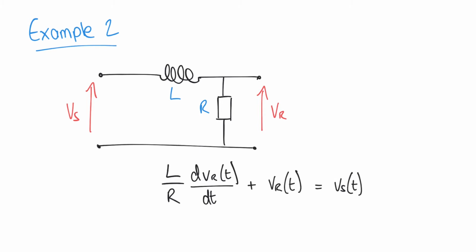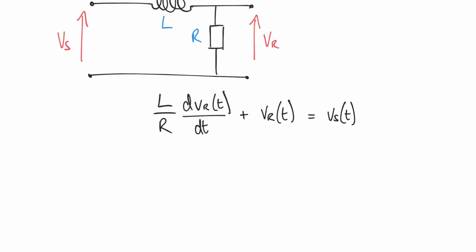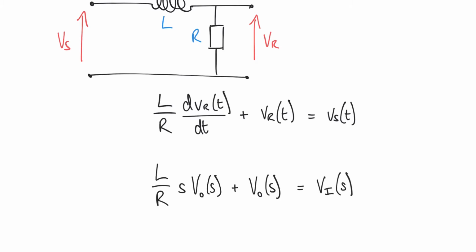Let's apply the same principle to find the Laplace transform of this equation. Again, we're assuming that the initial conditions are 0 here, and we find something that looks like this. So notice a few things.